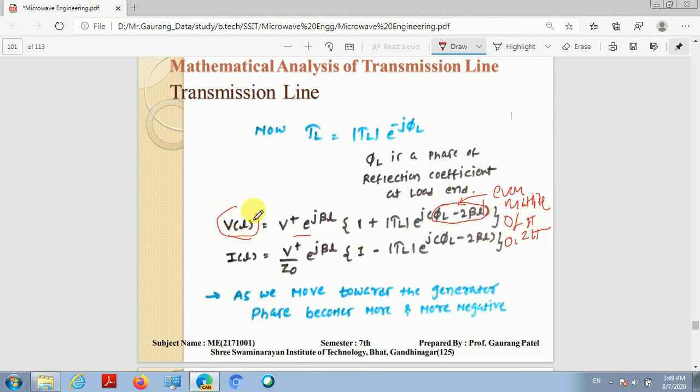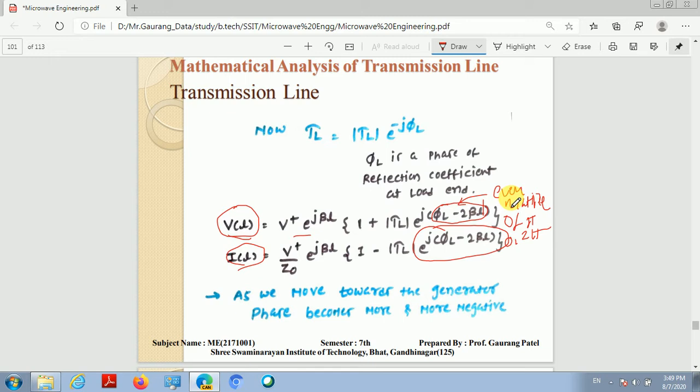At that point the voltage will be maximum. At the same point, this exponential term also becomes 1 in the current expression, and the current is minimum, because it is 1 plus gamma L in one and 1 minus gamma L in the other. So when the phase is an even multiple of pi, that is 0, 2 pi, 4 pi, 6 pi and so on, at that location the voltage is maximum and the corresponding current is minimum.